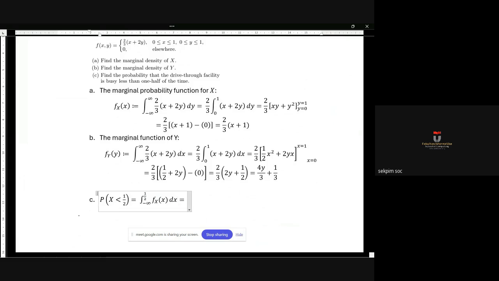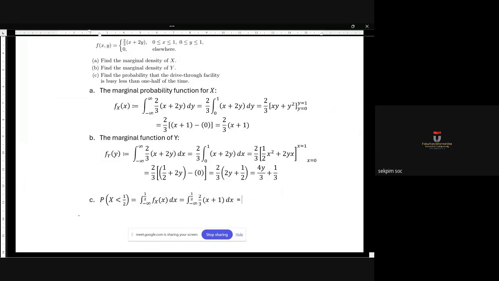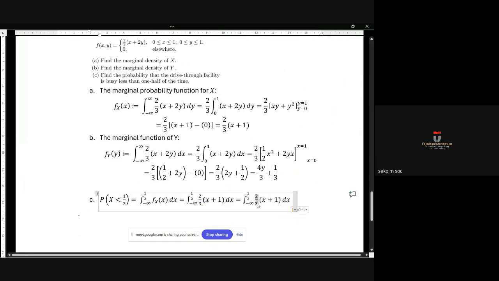And this equals the same interval for the integral here. And we replace the fx with this function. Okay, and we take out the constant 2/3. Okay, and we take the integral of x plus 1.